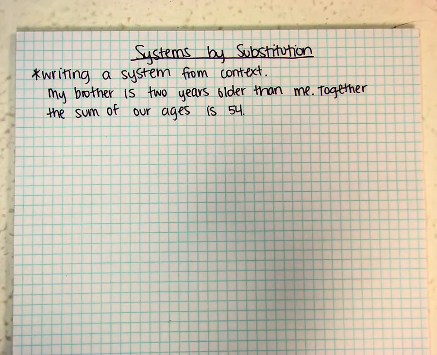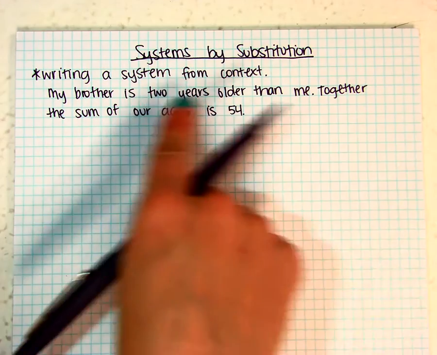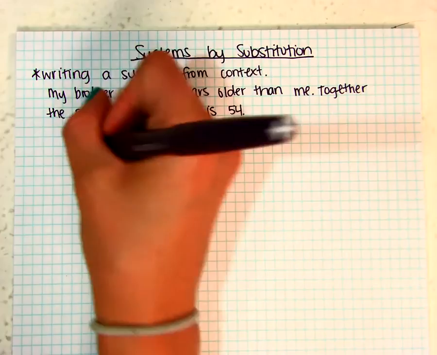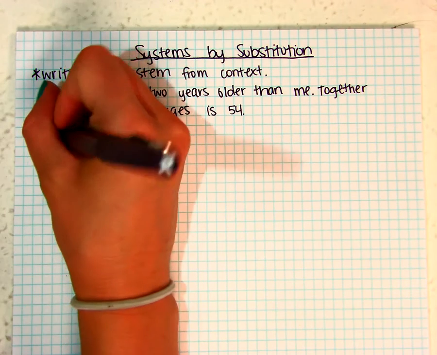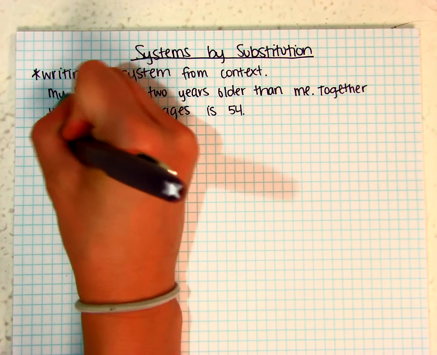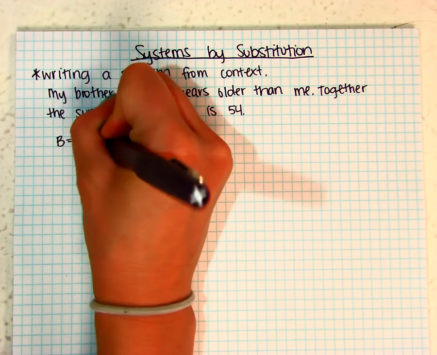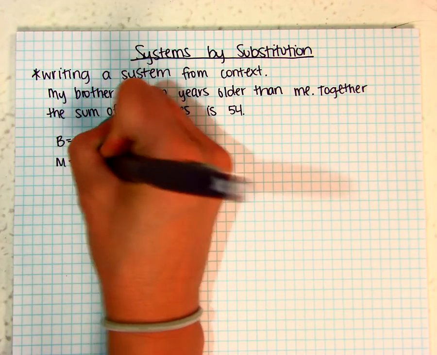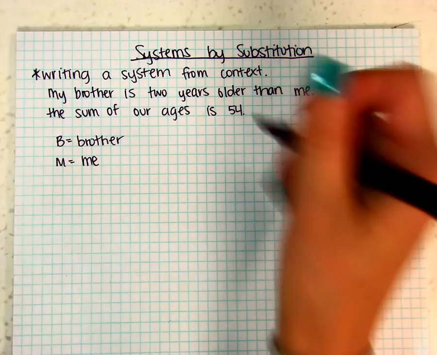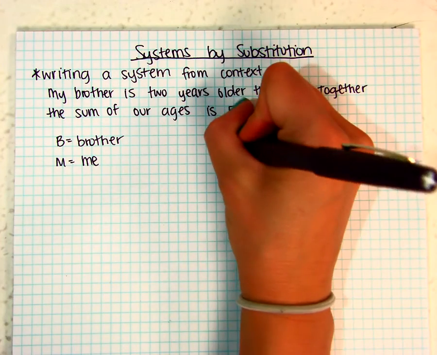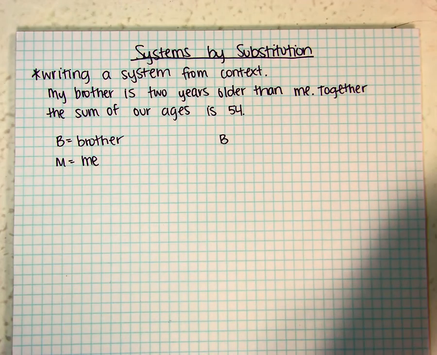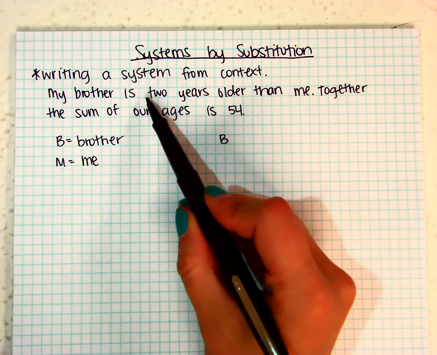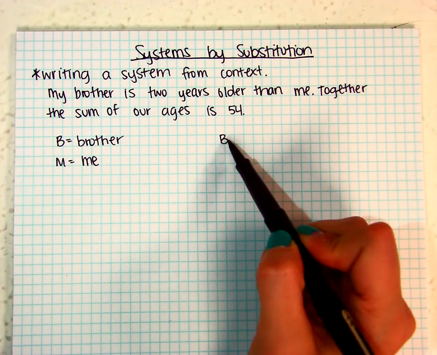So we're going to quickly go over this. So my brother, we're going to say, that is B. So we're going to assign values to the letters. B equals brother, and M will equal me, Miss Barna. So my brother is the older one. He's 2 years older, so you would think you want to add to him, but he's the older one.